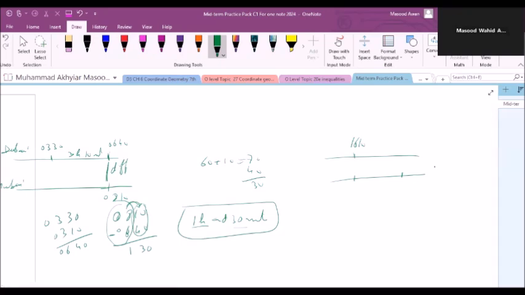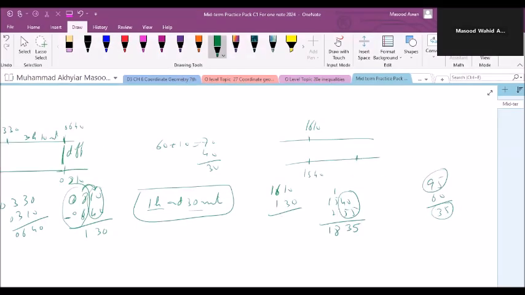So if we add 1 hour 30 minutes to 16:10, we get 17:40.